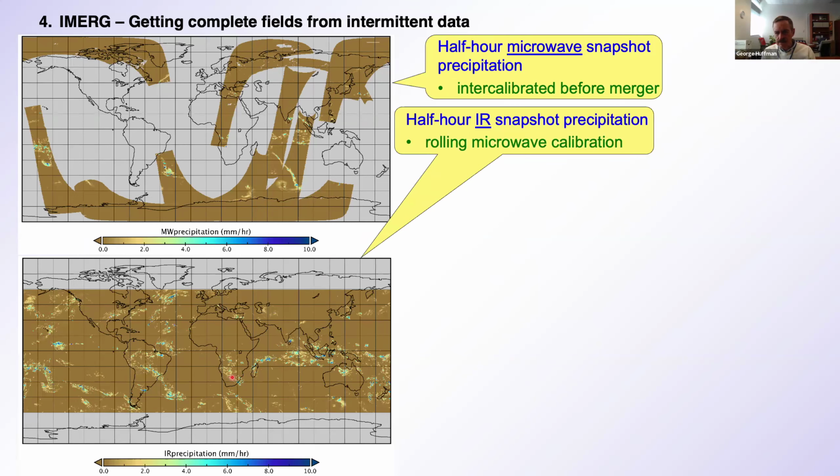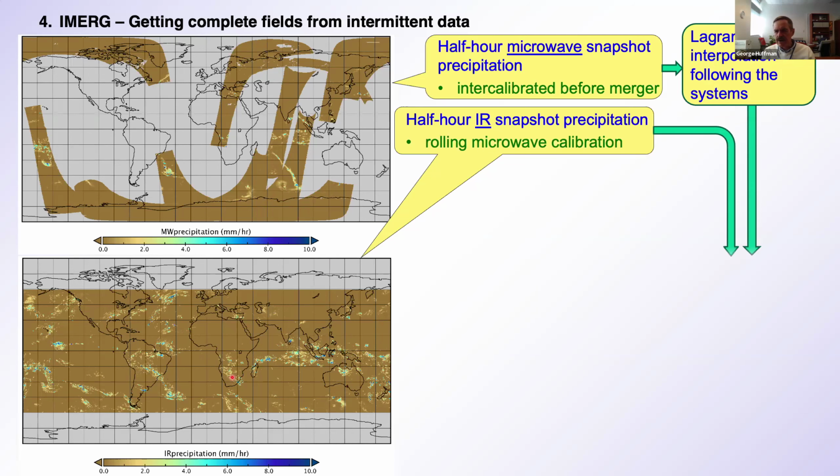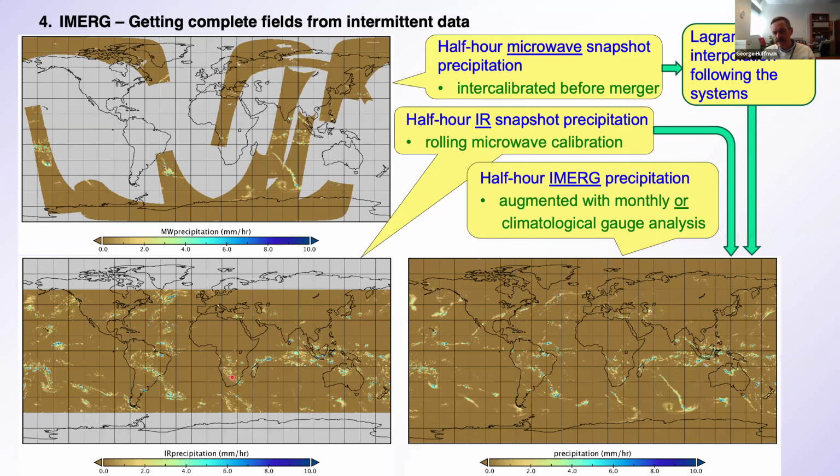And then we have the rolling microwave calibration of the IR, because you want the histograms to be consistent. And we do the Lagrangian time interpolation of the microwave. And then we use that with the IR in a Kalman filter scheme. It's basically an optimal interpolation based on correlations to give us a half-hourly IMERG.